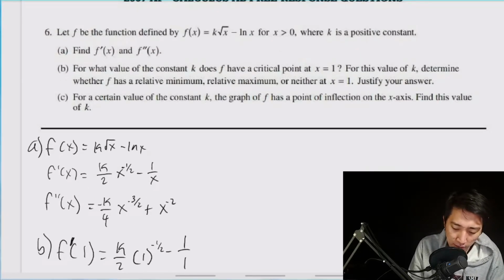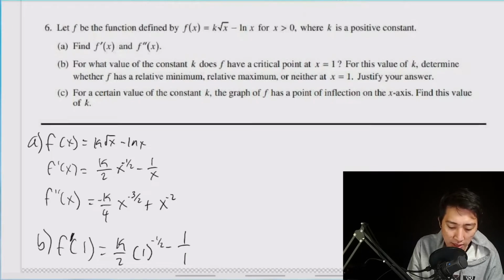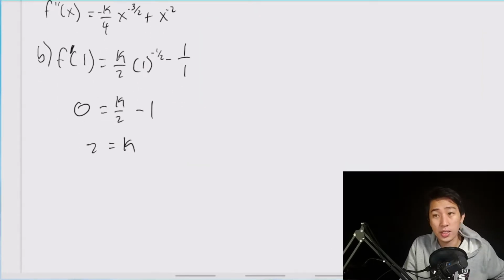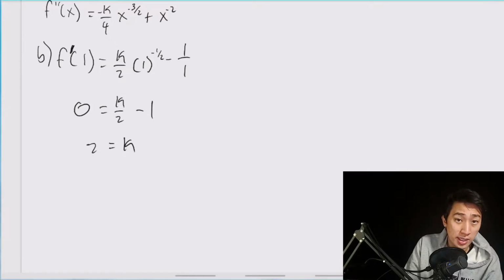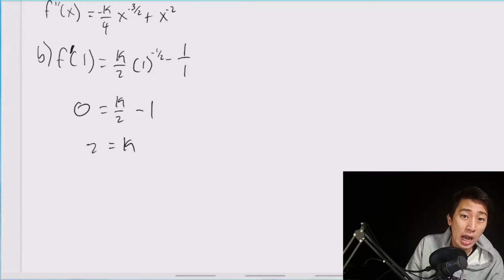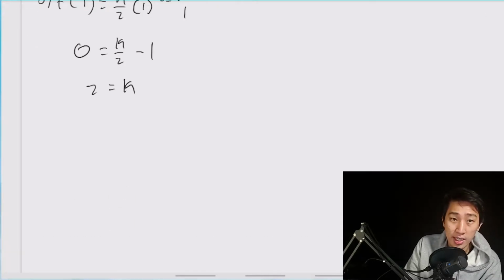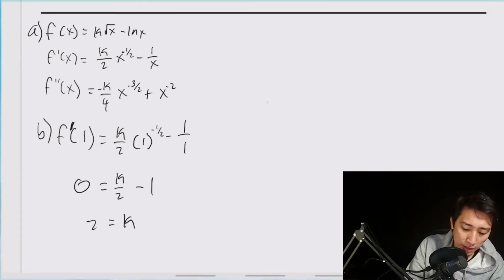It says this is a critical value. For this value of k, determine whether it has a relative minimum, maximum, or neither. And again, when you're doing this, there's a couple of ways that you can do it. You can either do a sign chart, do your positives, negatives. However, in this case, it's generally better to just do your second derivative test. So one way to tell is going from negative to positive on your slope means that it's a minimum.